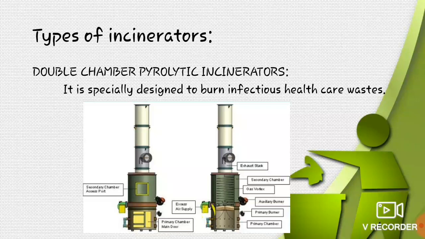At the side there is an excess air supply. This gets into the air vortex to minimize the amount of gases and odors generated during high temperature burning, and the minimized gases are exuded through this exhaust system.